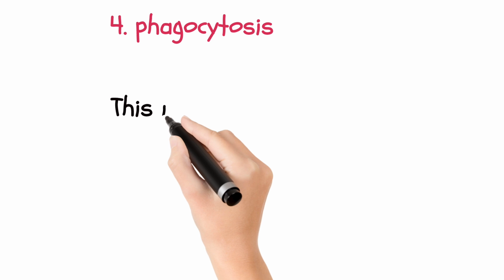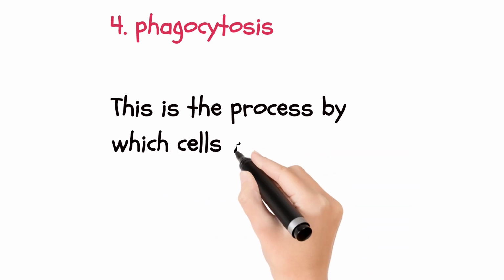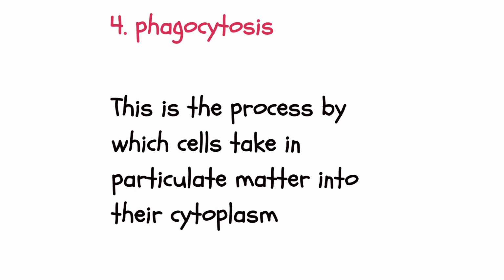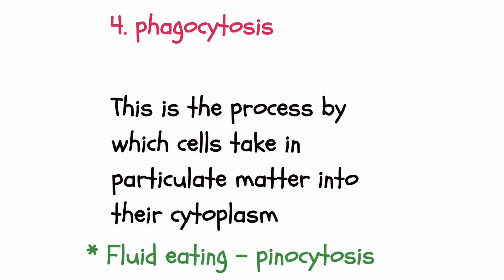So what is phagocytosis? Phagocytosis is the process by which cells take in particulate matter into their cytoplasm. When it is fluid, it is known as pinocytosis. And like I said, neutrophils and monocytes escaped from the blood vessels at first to get to the site of injury so that they can kill and degrade the injurious stimuli which they have already ingested.